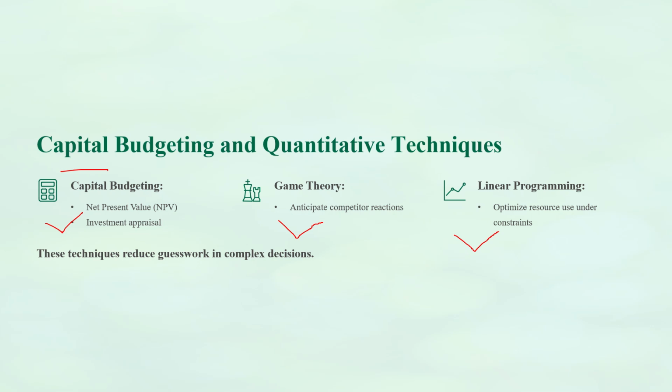These methods help choose the best possible option using data. In simple words, these tools remove guesswork and help managers make smart, logical decisions for long-term success. These techniques reduce guesswork in complex situations.